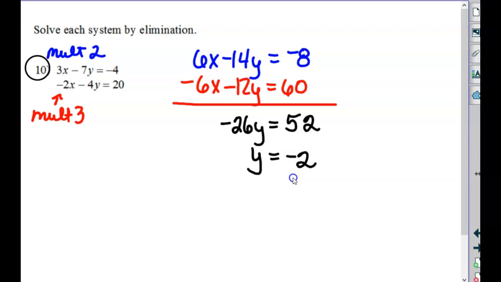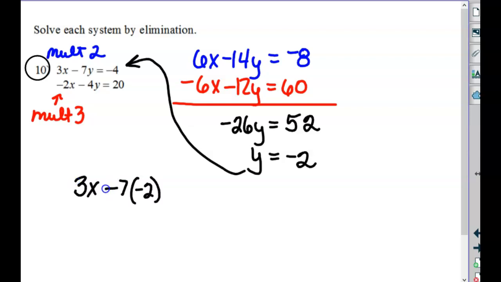And then I need to plug that back in, and I can actually use any of these equations. I think I'll go to the very first one, because it has a positive here. -7 times -2, that's 3x plus 14 equals -4.